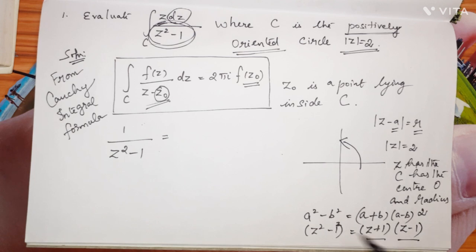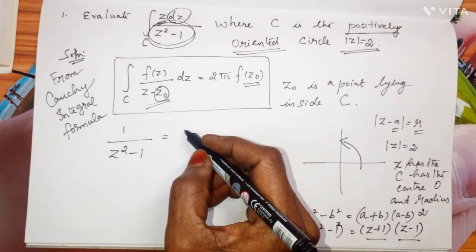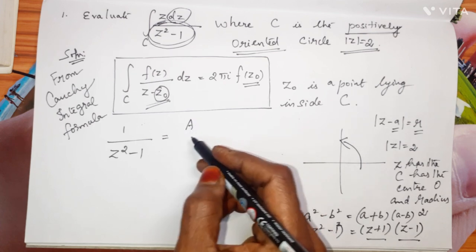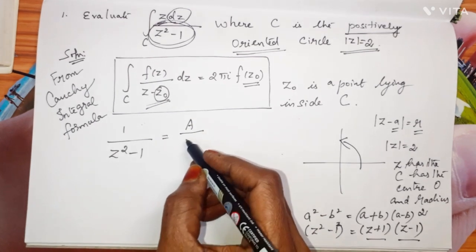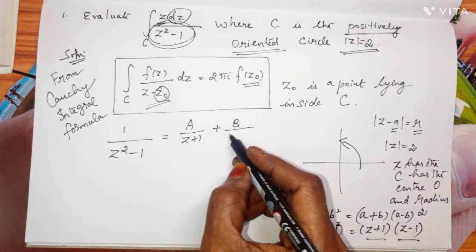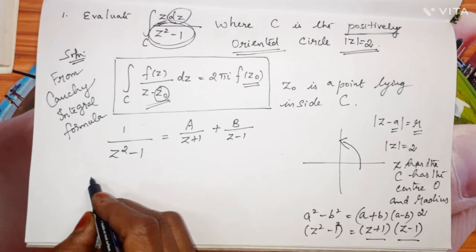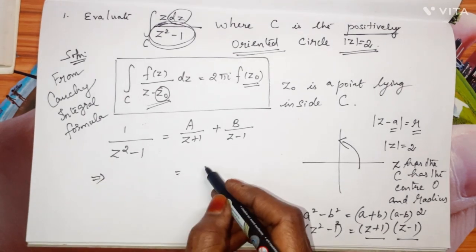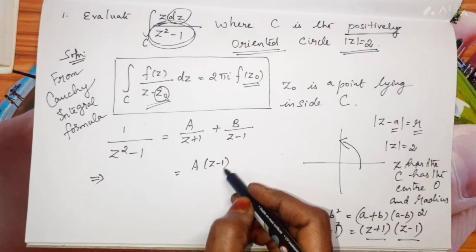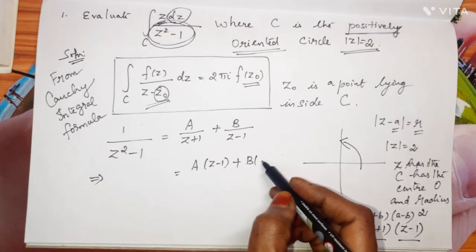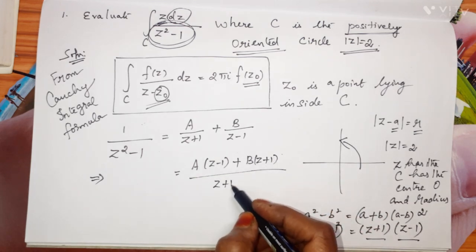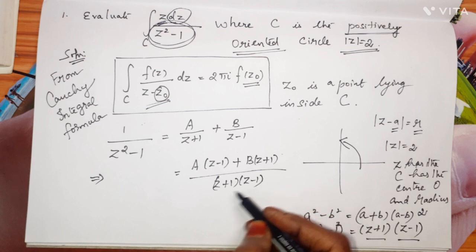Since we have two factors, we have to introduce two constants in partial fractions. Let them be a and b. So a by the first factor z plus 1 plus b by z minus 1. And now we have to take the LCM on the right side. So a into z minus 1 plus b into z plus 1 by z plus 1 into z minus 1.